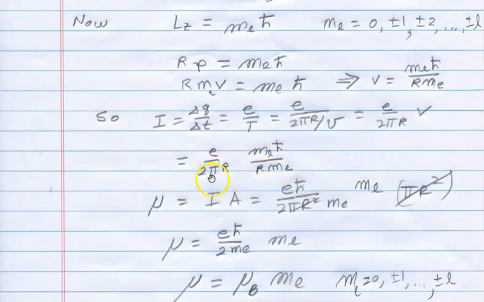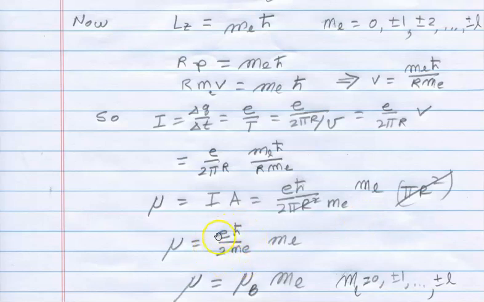So now I get a 2 pi r squared, m sub l, the quantum number, m sub e, the electron mass. And then to get the magnetic moment, it is simply I times A, and the area is pi r squared. The pi r squareds go out. And again, we get a slightly different expression now.